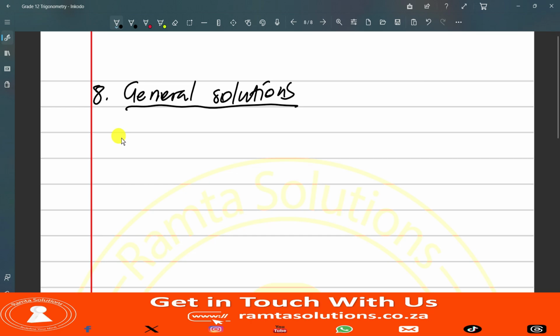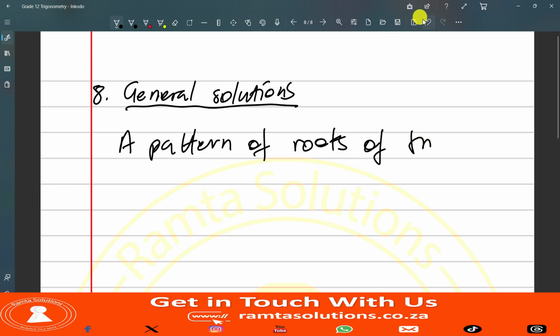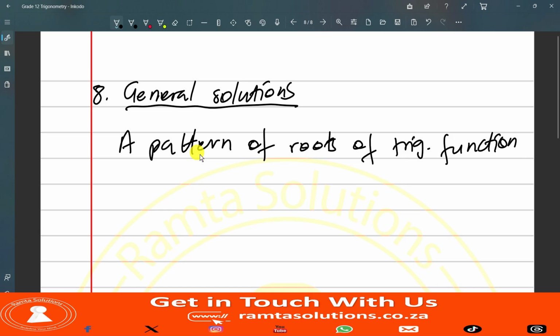They give, it's basically a pattern of roots of trig functions. So what do I mean by that? Basically it tells you where you will get your roots.